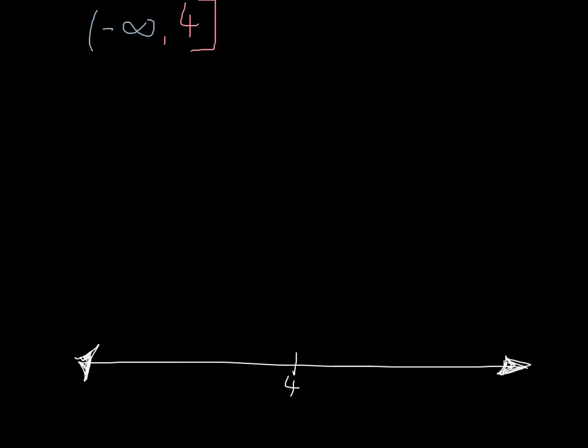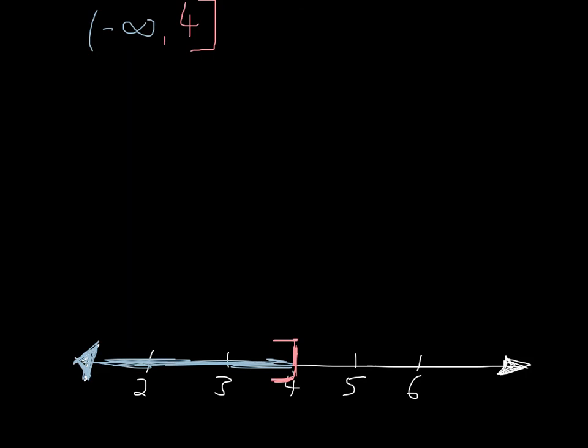So let's write 4, and negative infinity. So let's write some more numbers here. Negative infinity, we're going to color that blue. We're going to go all the way up to 4. And we know we have a square bracket on 4. And that is all the information I have.